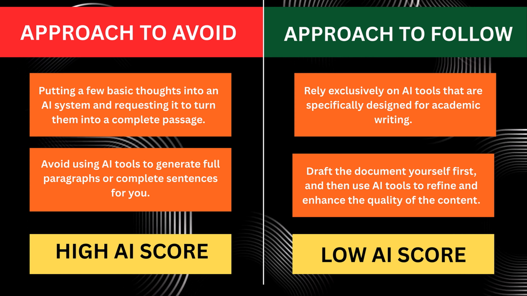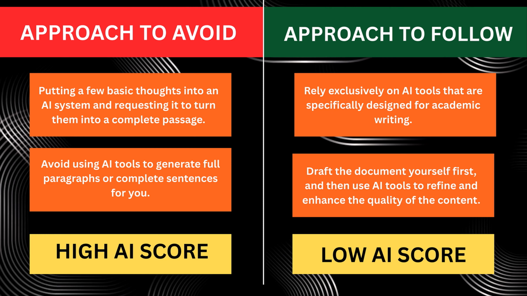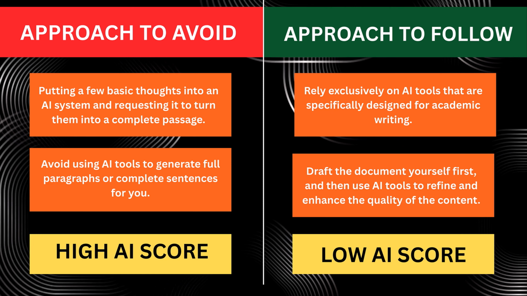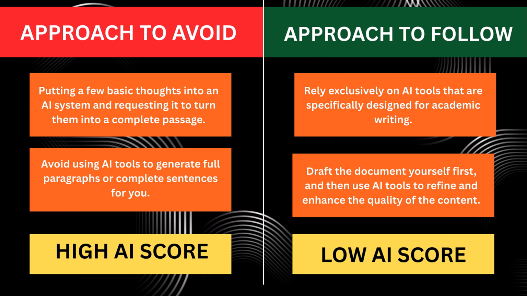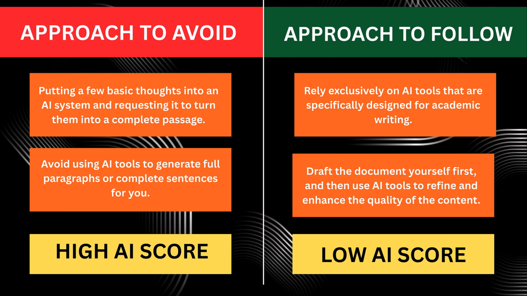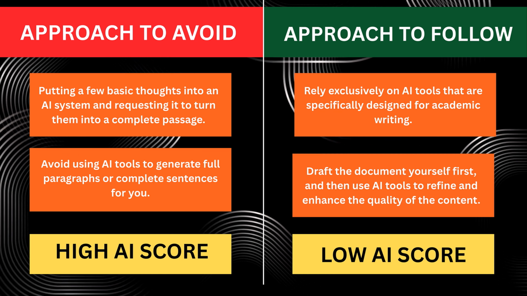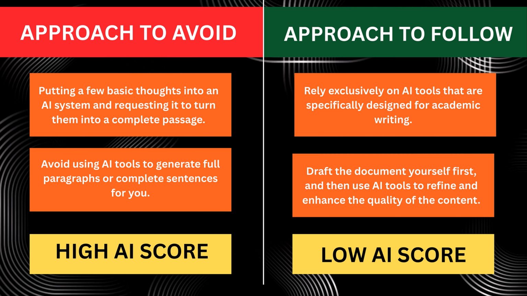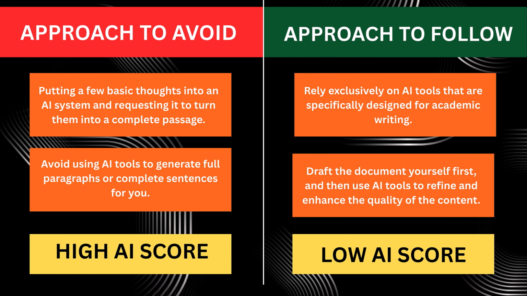When you approach AI in this supportive way, writing the core content yourself and using AI only for refinement, the chances of receiving a very high AI detection score drop significantly. Because the ideas, structure, and reasoning are genuinely yours, the overall writing retains natural human variation.